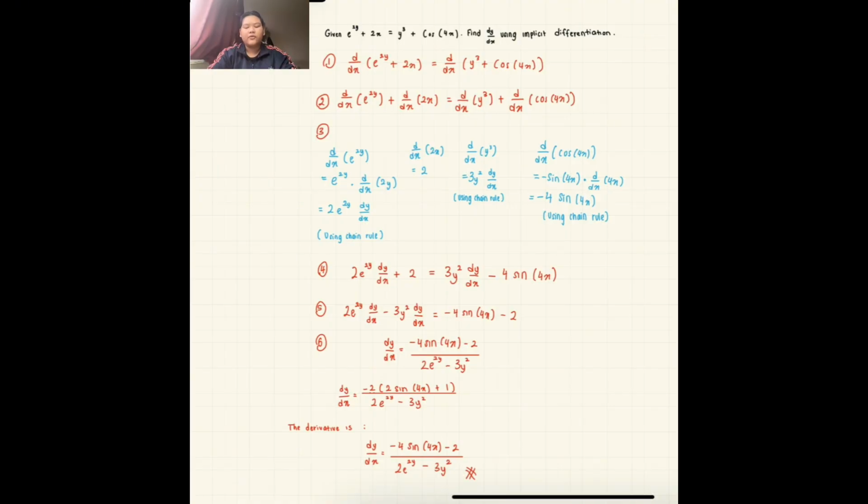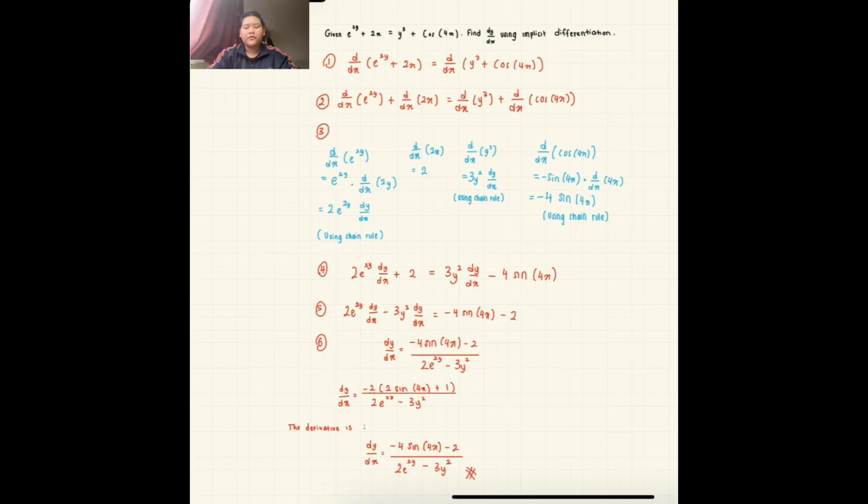For example, we will put them on the left side, and all other terms on the opposite side, the right side. So 2e^(2y) dy/dx minus 3y^2 dy/dx plus 2 equals negative 4 sine 4x.